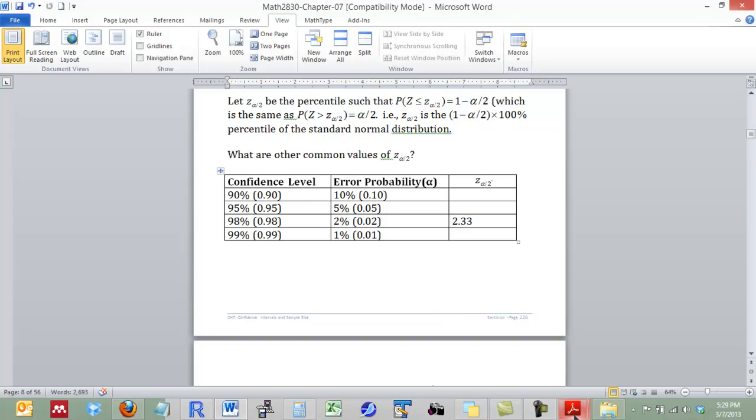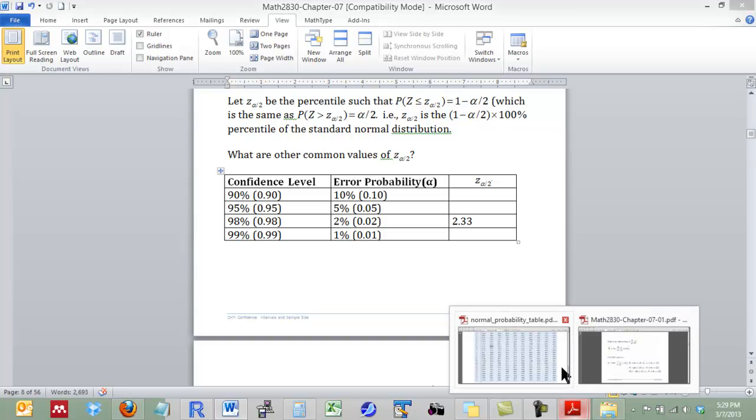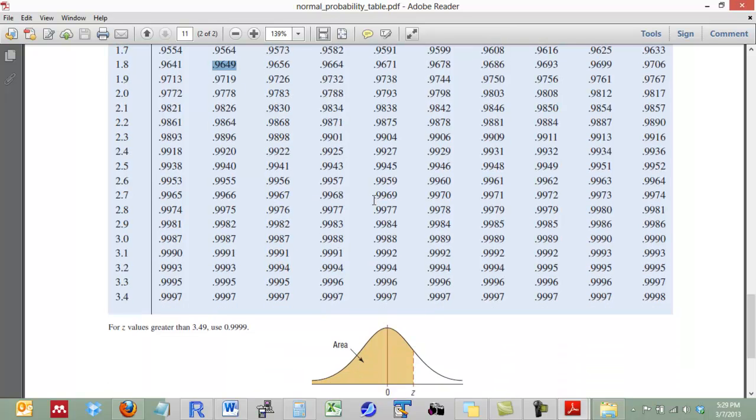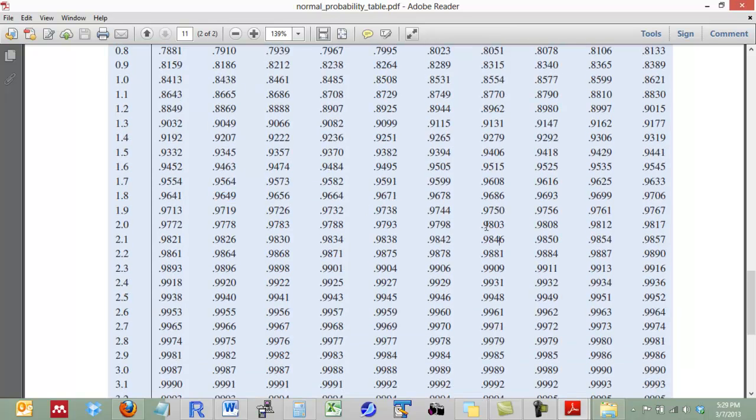So for 95%, my alpha will be 1 minus that, so that's 5%. And then if I split it between my tails, that means I'm going to have 2.5% above the percentile, or 1 minus that, 0.975 below. So if you go to your table, I am trying to find 0.975 in here.